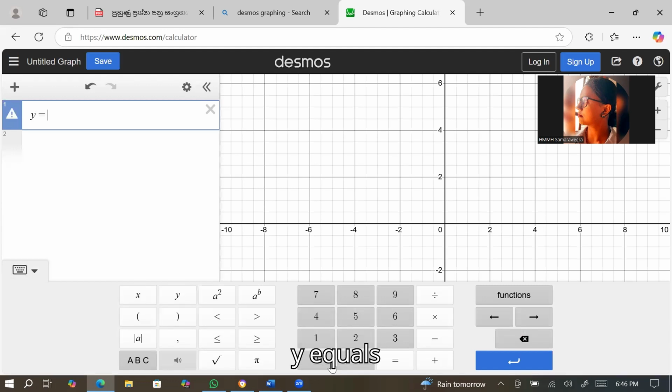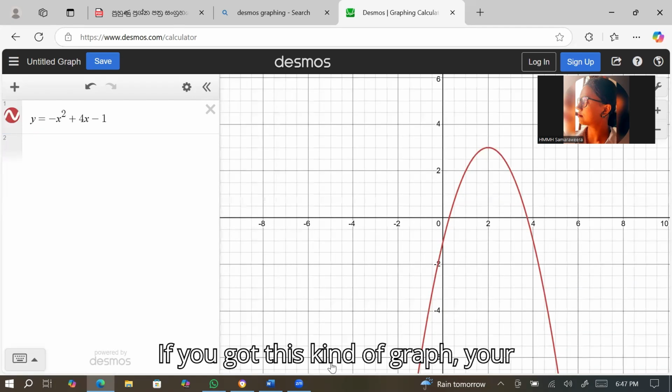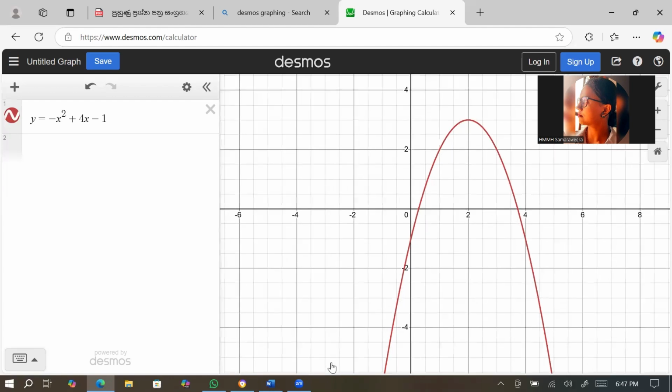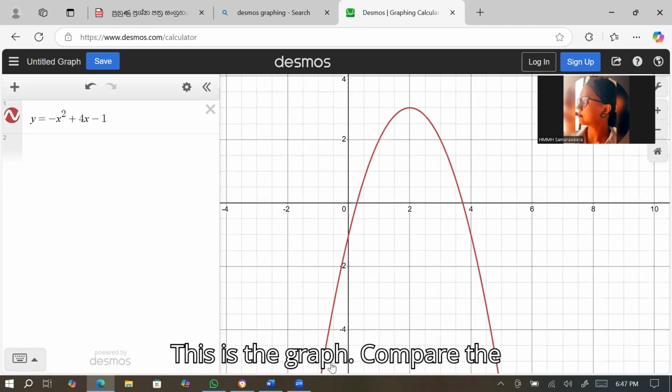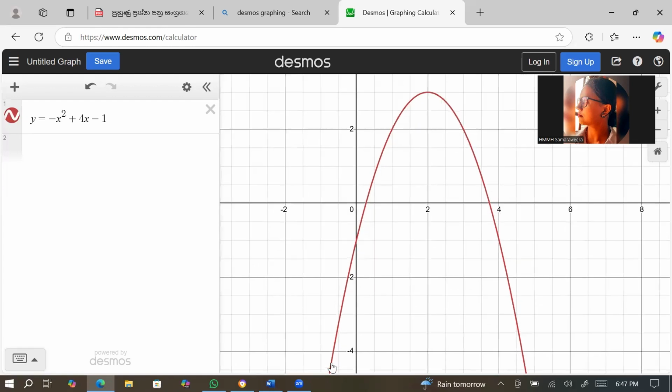Y equals minus x squared plus 4x minus 1. If you got this kind of graph, your answer is correct, right? This is the graph. Compare the graph and mark your answers, right?